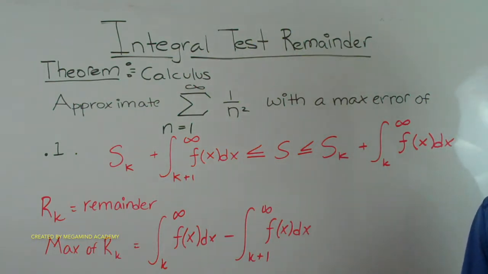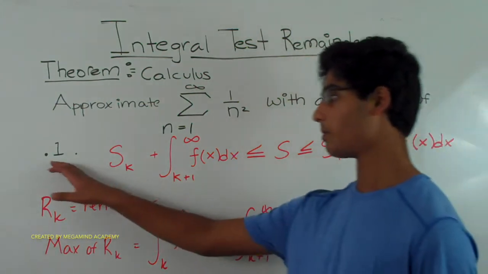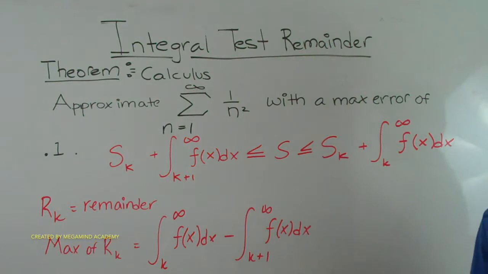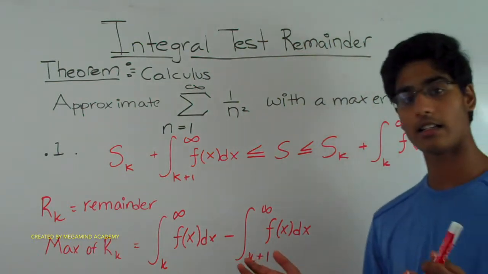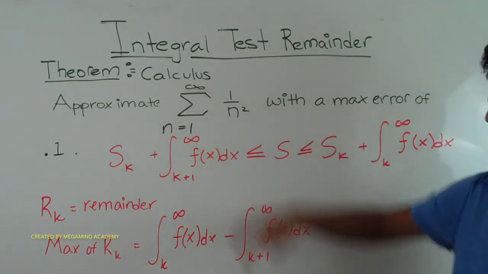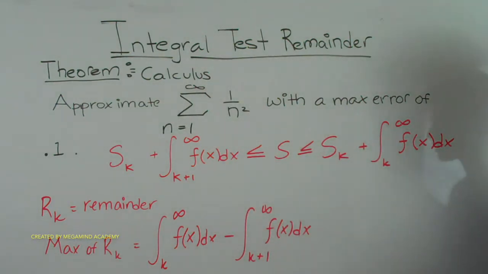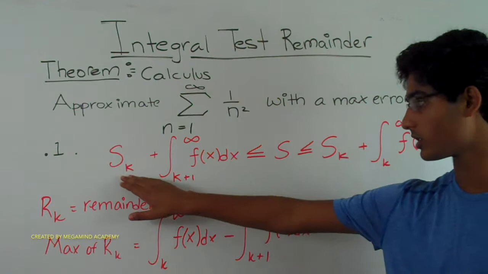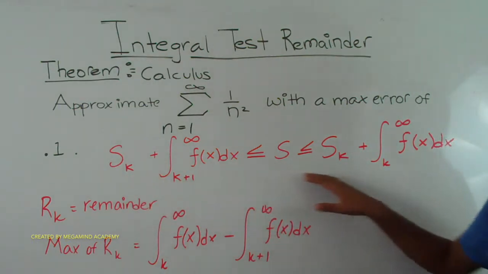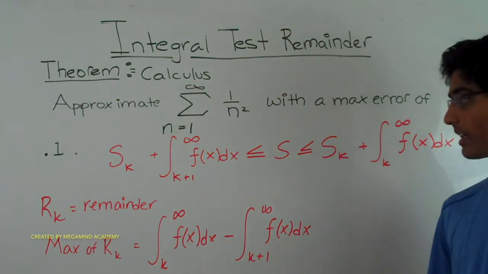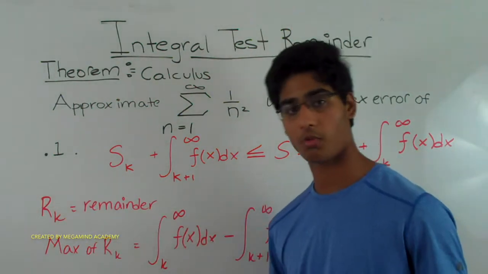Then you can go up to the next integer, because you can't have a series to a non-integer. If you use that as your partial sum, it's going to fall within the error range that you gave it, which is 0.1.